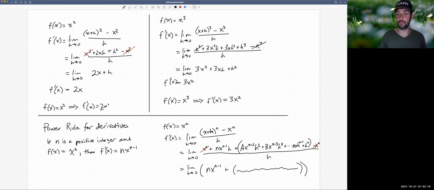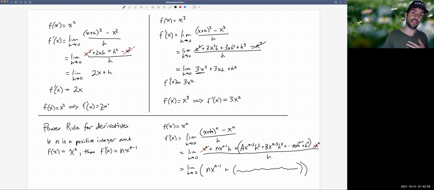Look what happened up here when we canceled. We had an h squared, h cubed, right? We canceled one factor of h. We factored out h, and what was left, the first term had no more h's left, but the one that was h squared became h, the one that was h cubed became h squared, and when we took the limit, those things with h's attached to them became zeros, right? The same thing happened here. We had a 2xh plus h squared.